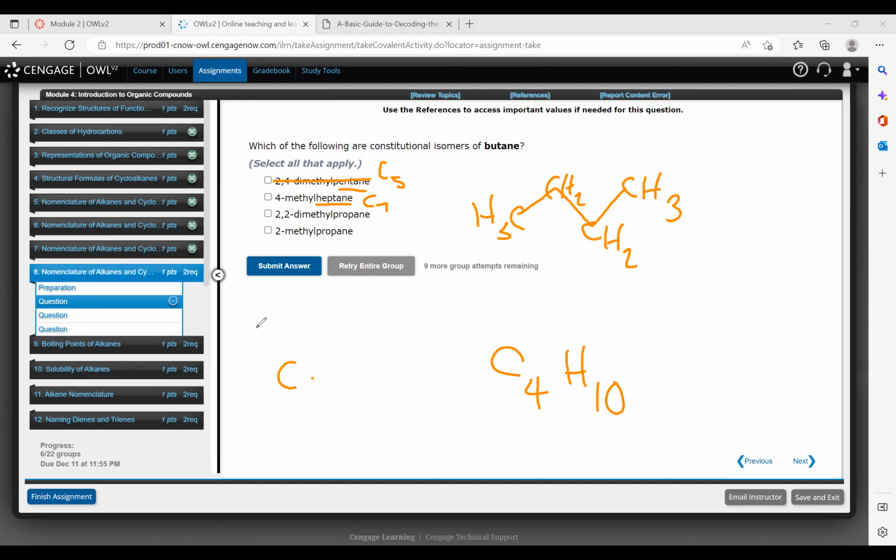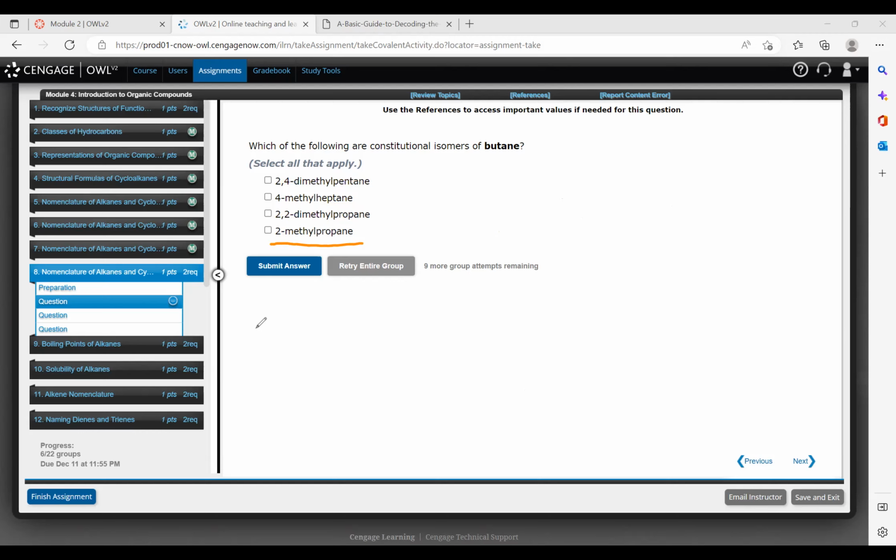So propane is going to be 3 carbons. And then we have 2,2-dimethyl, so that would go on here to add 2 more. Wait, that's C5. That's not going to work either. So let's try this 2-methylpropane. So propane again would look like this.